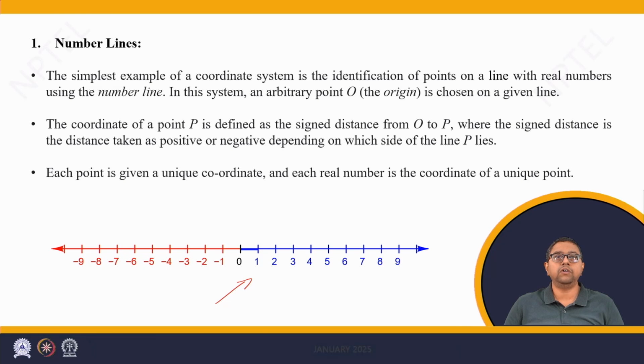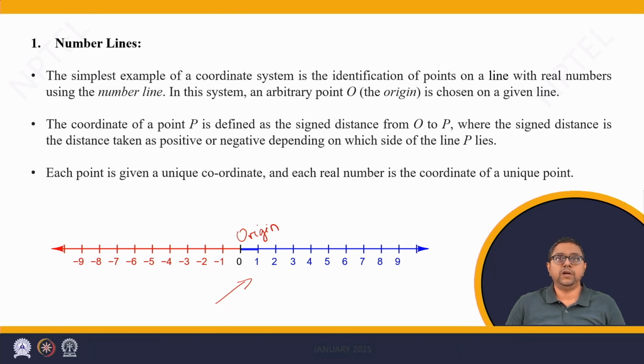So the coordinate of any point P which is defined on this number line is the distance from the origin O towards the right or towards the left.